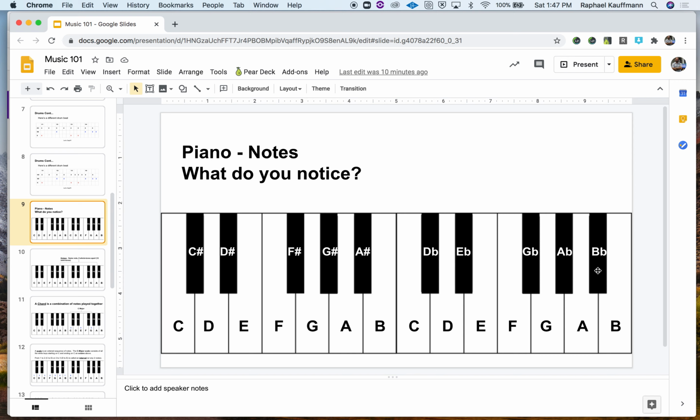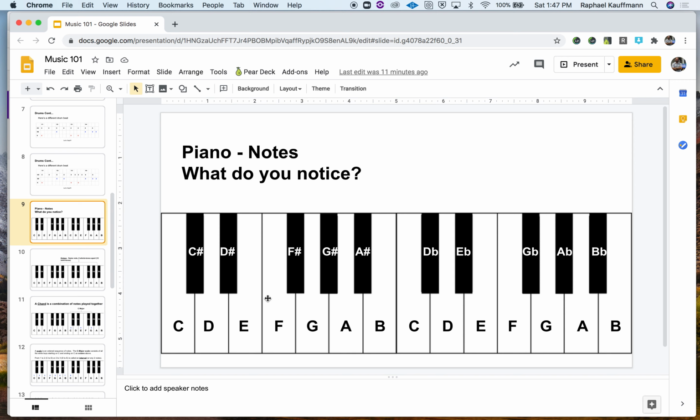I notice that if you start on C, or perhaps easier, if you start on A, B, C, D, E, F, G, and then it starts over again. So you have 7 unique notes.